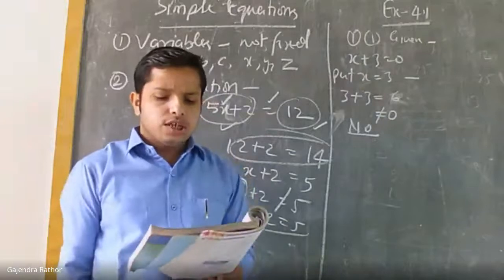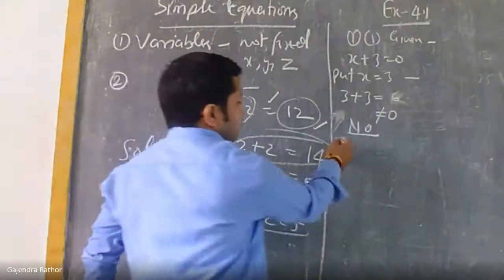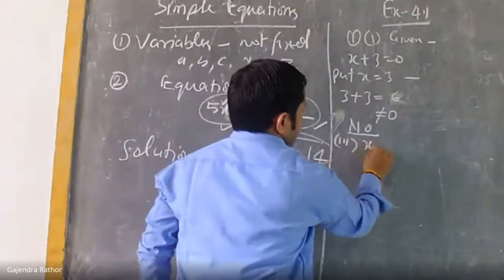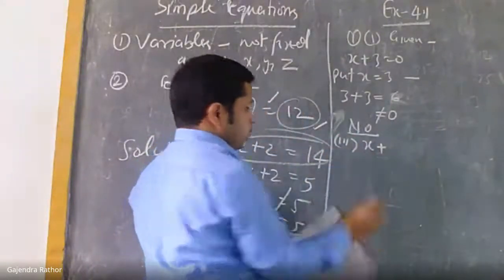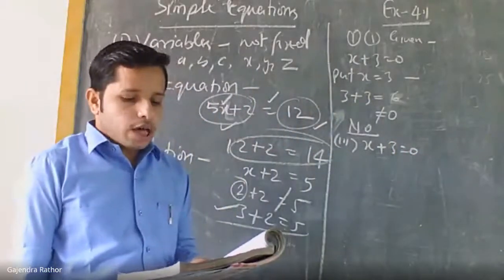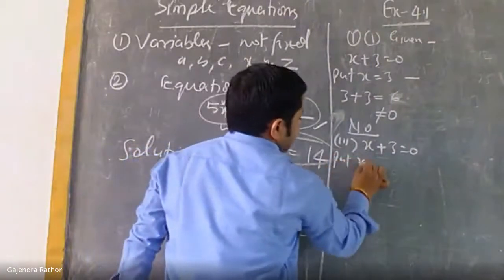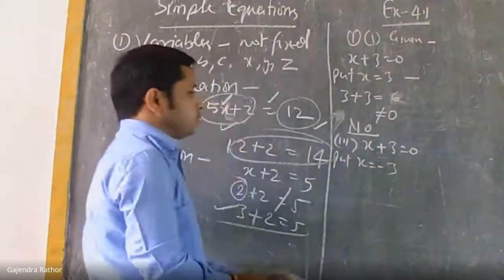The next, third point, x plus 3. The same equation is given, but the value will change. x is equal to minus 3. So put x is equal to minus 3.